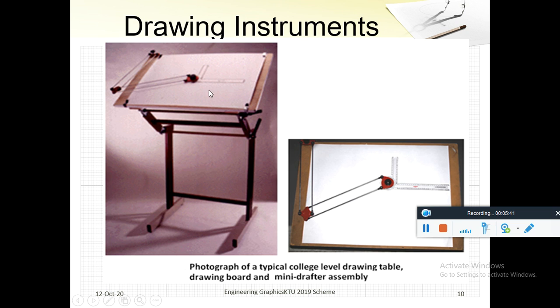The mini drafter is fitted around in the top left corner. Here is a screw. We can tilt the 90 degree scale to any direction and draw any angle parallel at this corner to this corner.